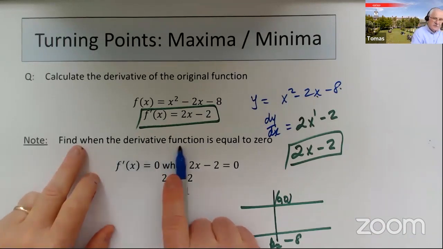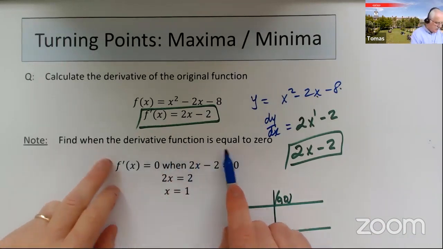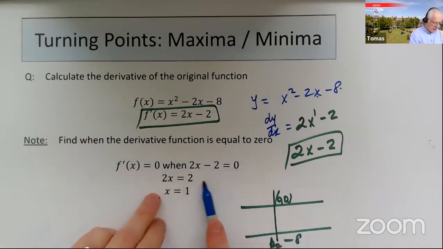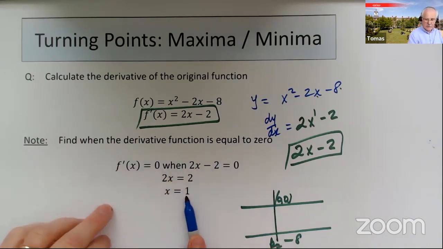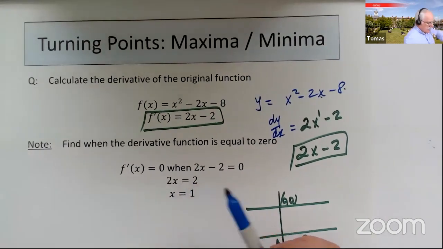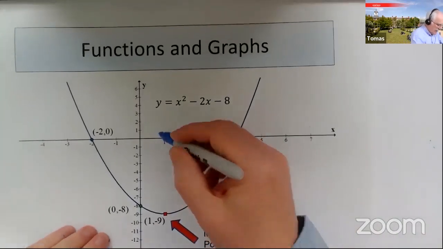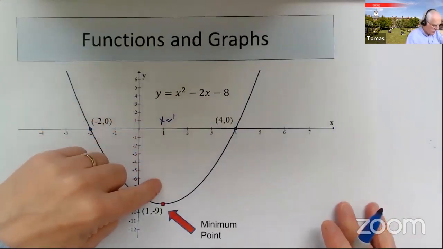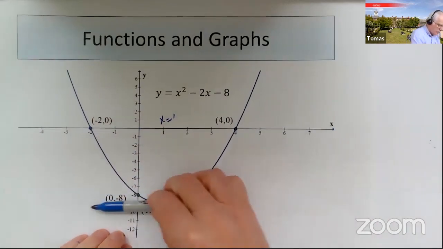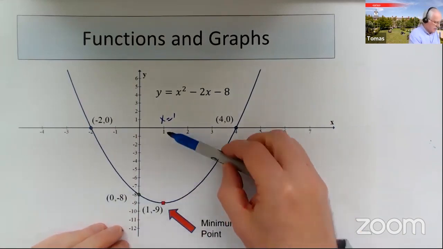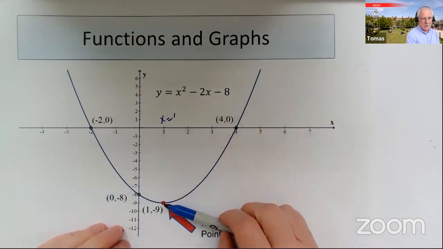So what I find is that the derivative, dy dx, f dash x is 0 when 2x minus 2 is 0, when 2x is 2, when x is 1. So when x is 1 here, I go down, I can find that the slope of the graph is 0. Not the graph itself, the graph itself is minus 9.